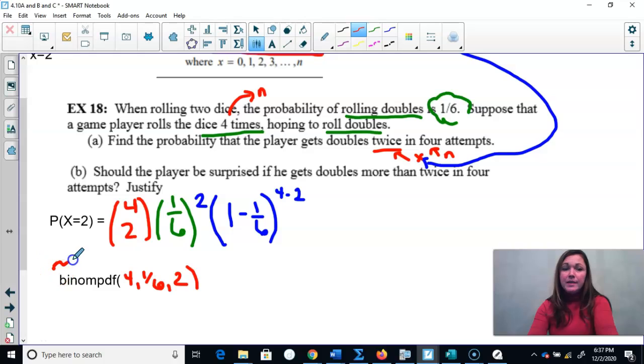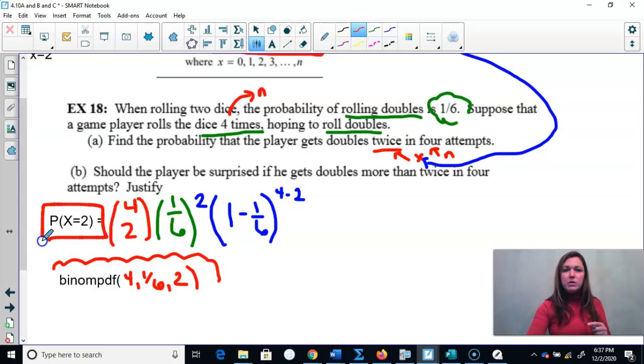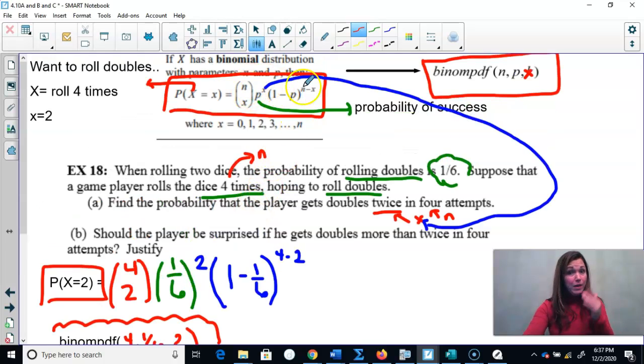Ladies and gentlemen, this is sweet. This is almost showing your work for the College Board on the test. All you have to do now, when they ask you a question like this, find the probability that a player gets doubles twice in 4 attempts, is show me this: the probability that X equals 2. You do not have to show me this stuff. You need to know how this works for a multiple choice test.